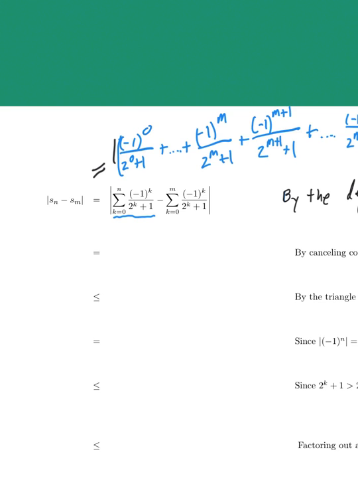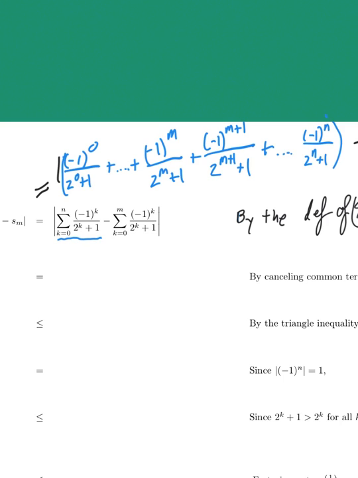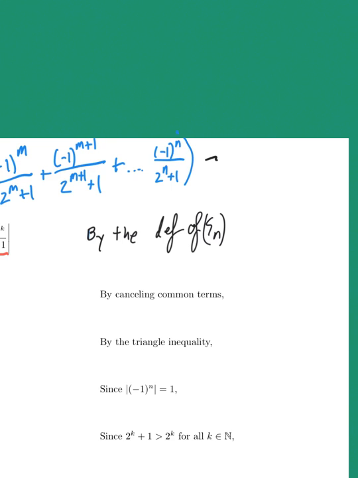Now I need to subtract the second one. So -1 to the 0 over 2 to the 0 plus 1 plus ... plus -1 to the m over 2 to the m plus 1.